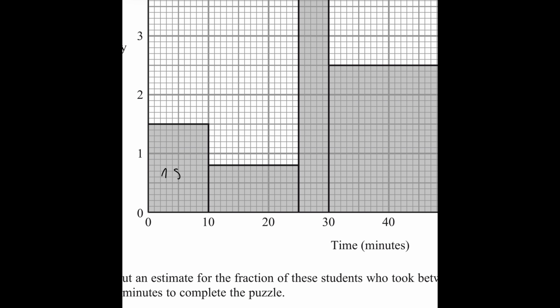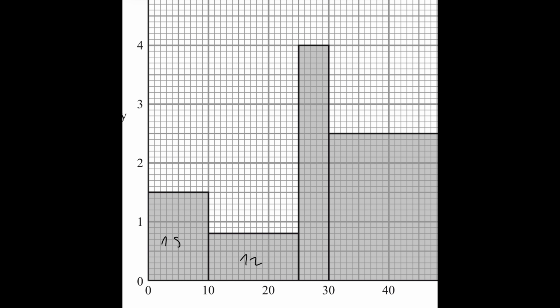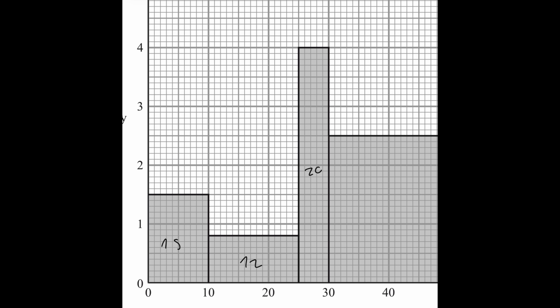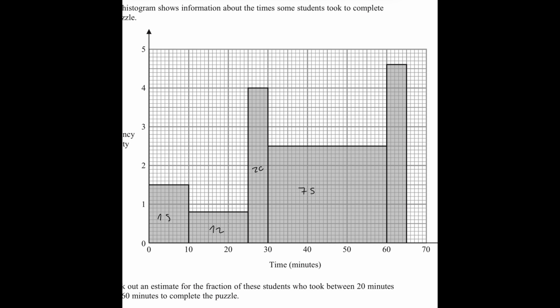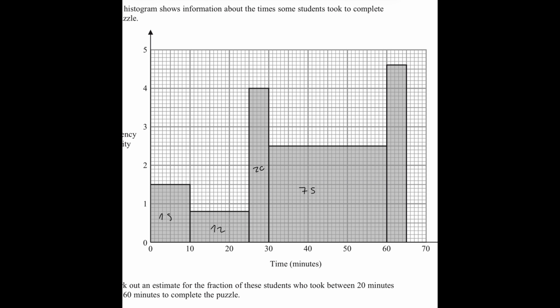So here it would be 15 multiplied by 0.8, so it's 12. And here it would be 5 times 4, 20. Here it would be 30 times 2.5, 75. Here it would be 5 times 4.6, which would be 23.